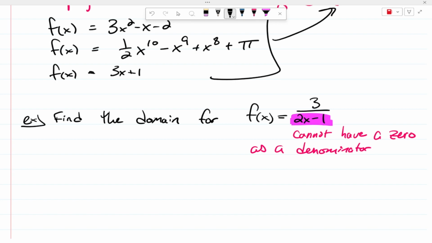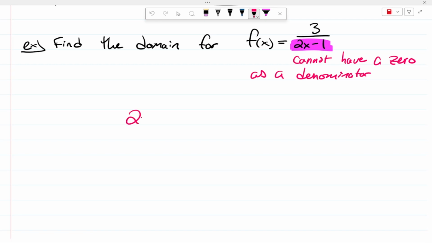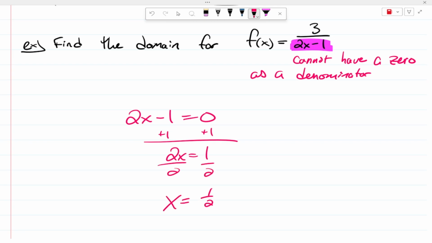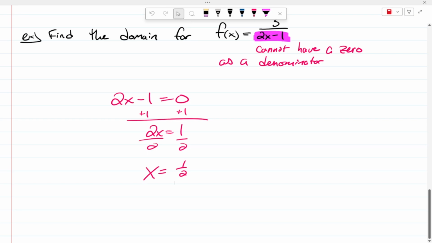So how do we find the domain for this? Well, since we cannot have 0 in our denominator, we're going to take that denominator, set it equal to 0, and find out what number actually makes this 0. So if I just solve for x, what I have found is this, and this is how we always phrase domains, all right? I'm going to zoom out here just a little bit.